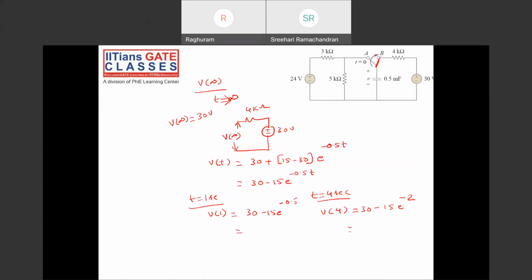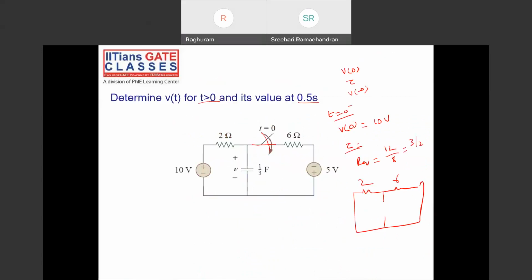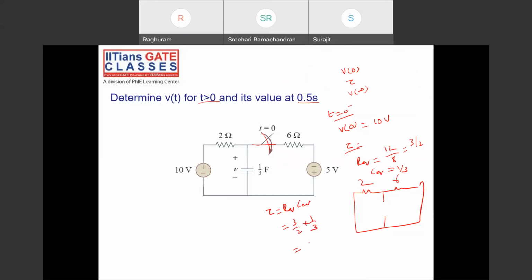C equivalent is again 1 by 3. So tau is equal to R equivalent into C equivalent, which is 3 by 2 into 1 by 3, which is 1 by 2 seconds.